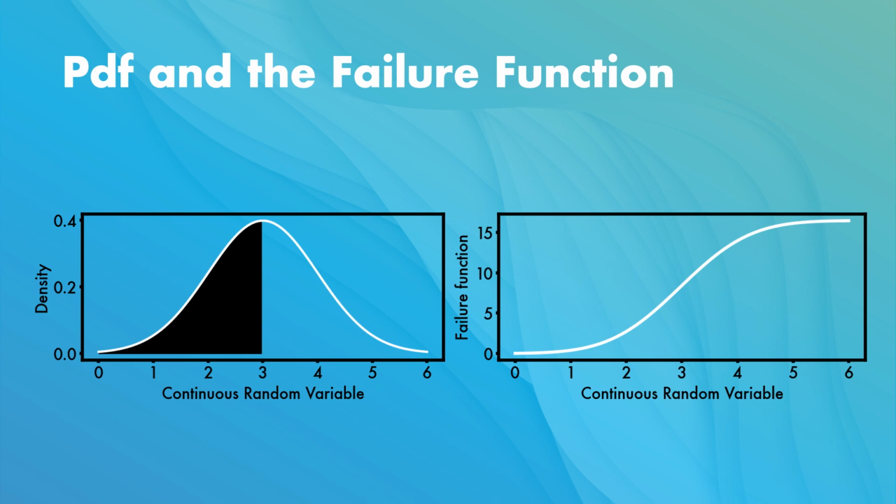And importantly, we see this shape of the failure function, which could be different because it varies according to the shape of the probability density function. But you can see that it's always an increasing function because it's a cumulative function. It's accumulating the areas, so it always has to be a growing function.